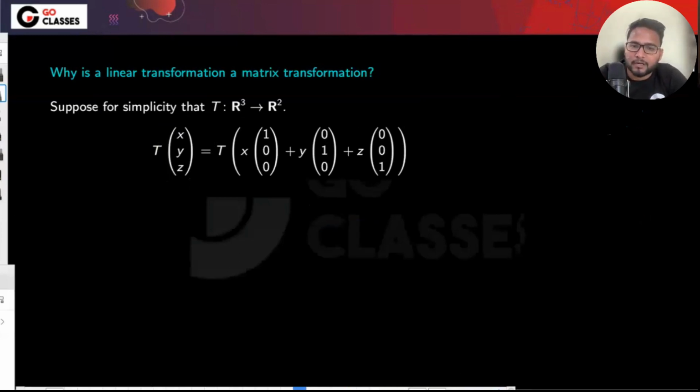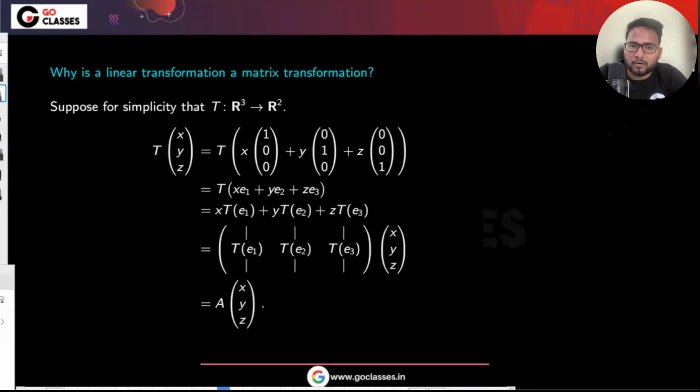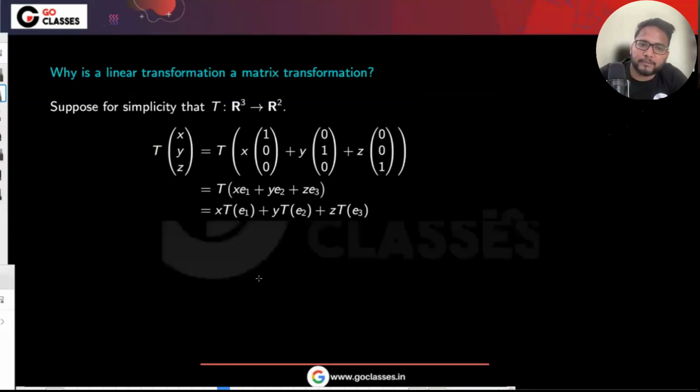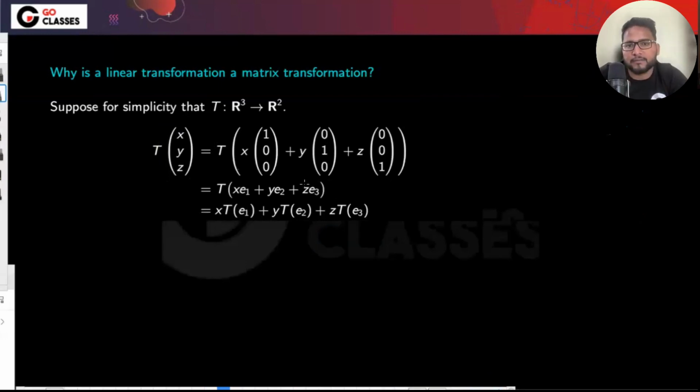Okay. Now, can you just apply the property of linear transformation, and say that this is the same as this, which means you are writing like this, and then this is x into, okay, you can take this x outside also because it is just a constant.